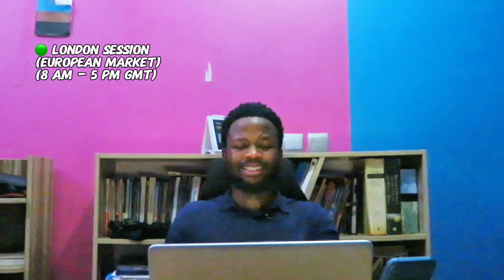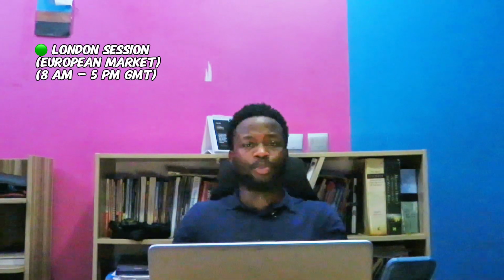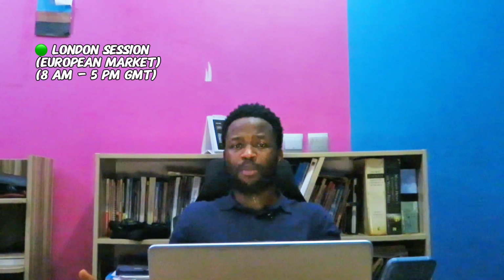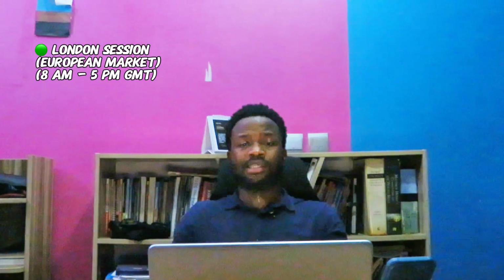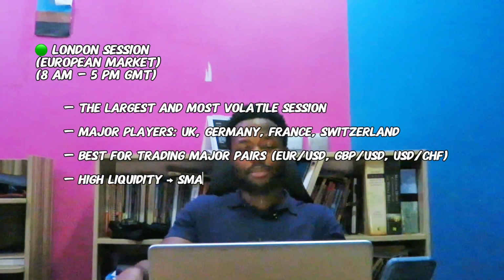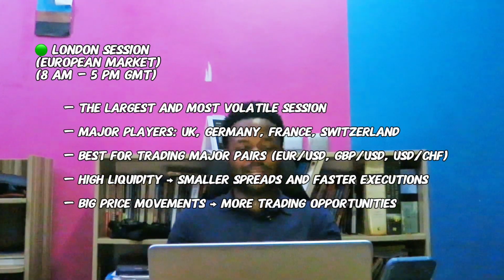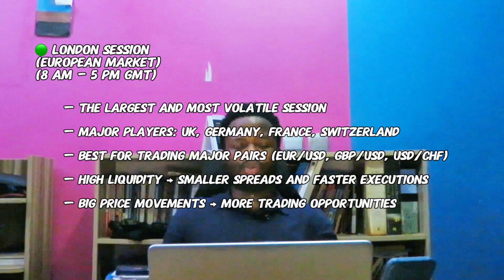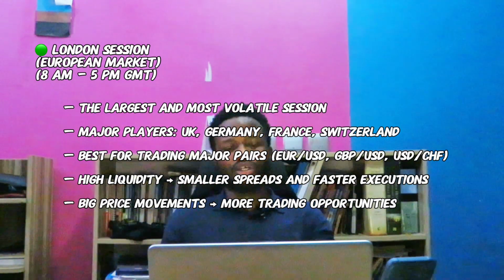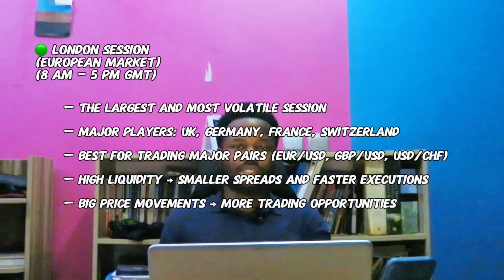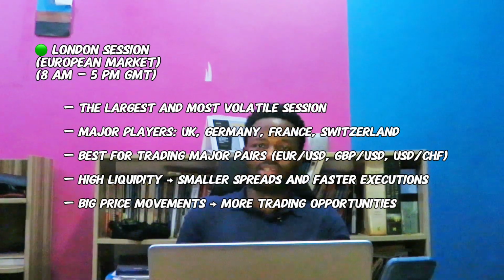The London session is the largest and most volatile session. Even people in America like to wake up and trade London session. That's how crazy it is. The major players here are the UK, Germany, France, Switzerland, and the best pairs to trade here are Euro USD, GBP USD, USD CHF.